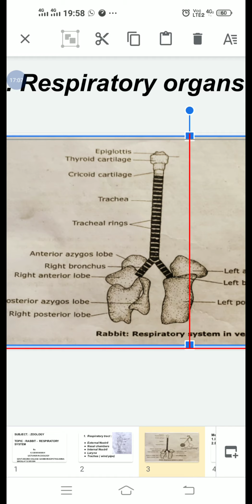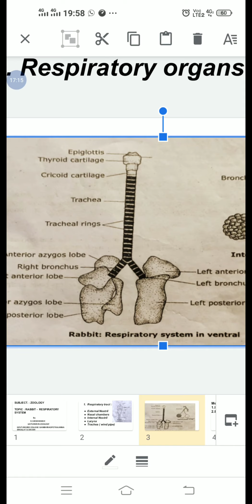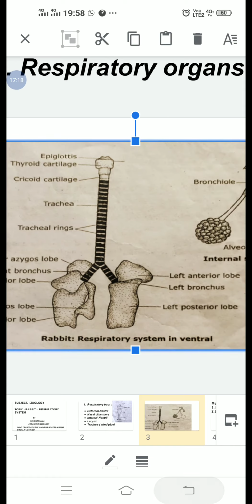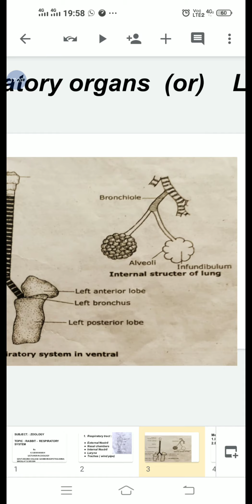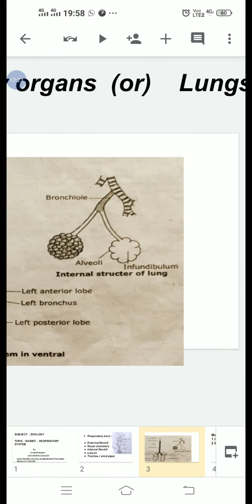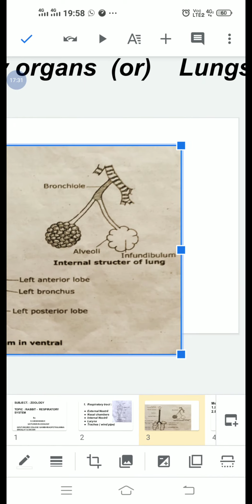A group of alveoli looks like a bunch of grapes. The wall of the alveoli is extremely thin and is made of elastic connective tissue fibers and surrounded by a fine network of capillaries.